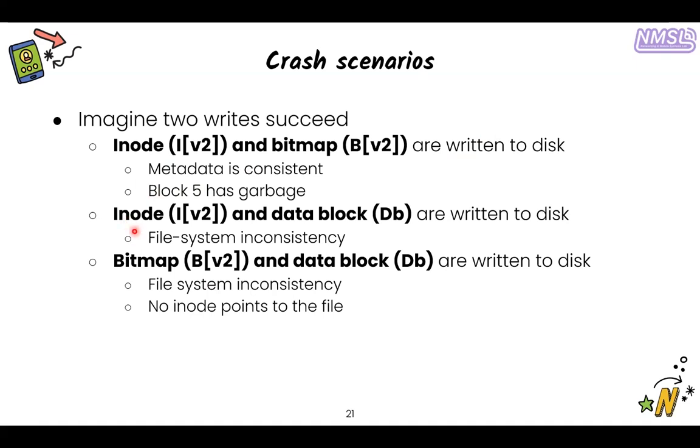Again, only one of inode and bitmap is written, so inconsistency. If it's bitmap and data block, again, no inconsistency, and both are written, so there's no space leak, except there's no inode pointing to the file. So the bottom line is, no matter what, a crash is a problem.